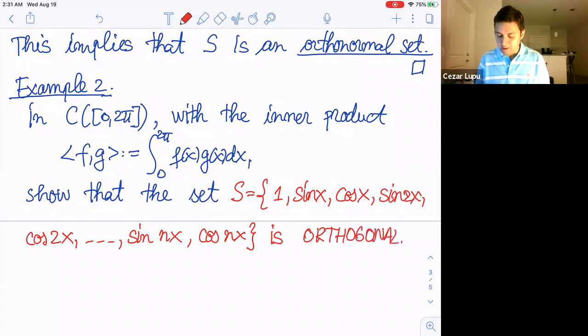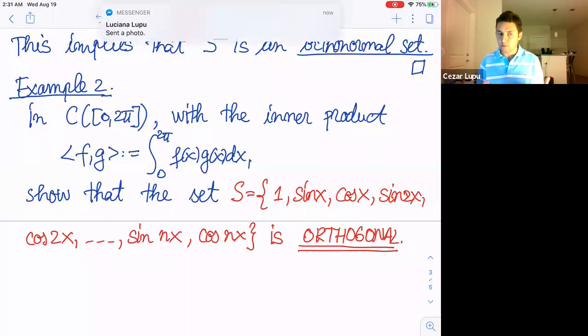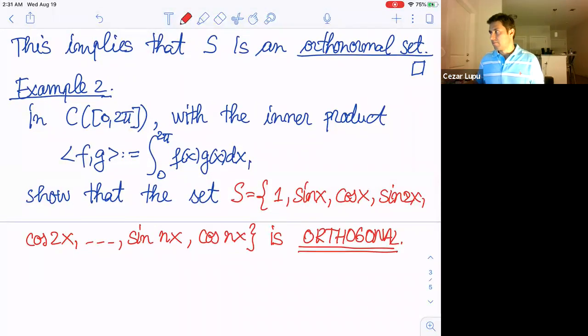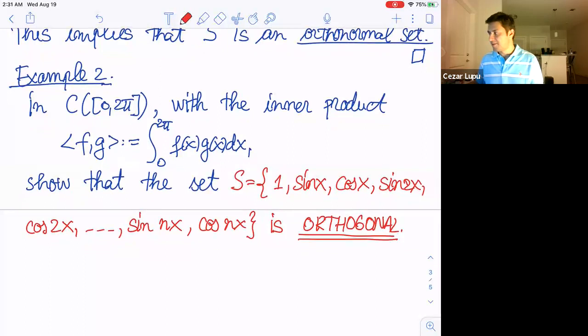I'm not talking about being orthonormal, not yet, and you will see why. Maybe this is not orthonormal, but there will be a procedure to make it look like an orthonormal. So I want you to look at it. It's basically the trigonometric functions sine and cosine.